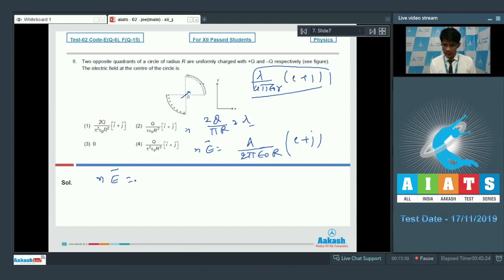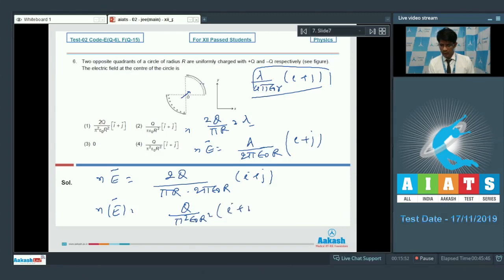So E, with lambda taken as 2q divided by pi r, is 2q over pi r divided by 2 pi epsilon naught r, (i plus j), or E is equal to q divided by pi square epsilon naught r square (i plus j).